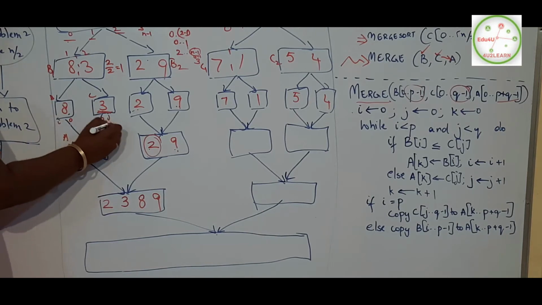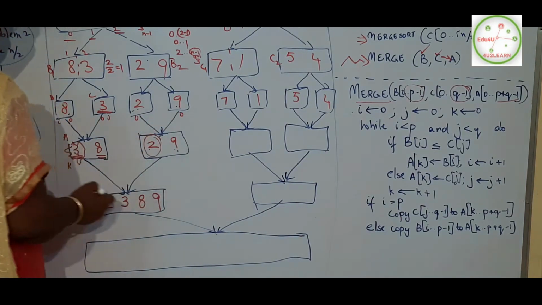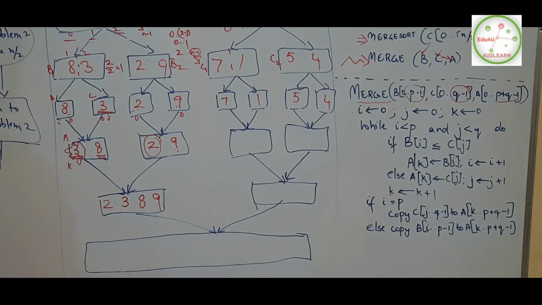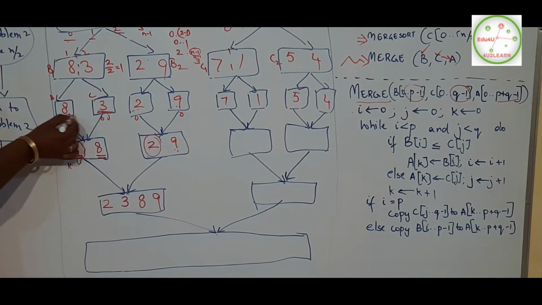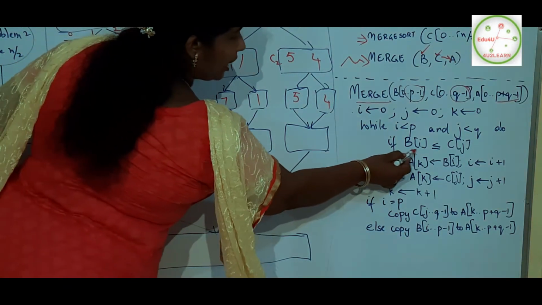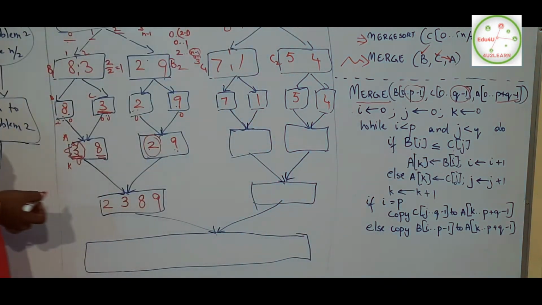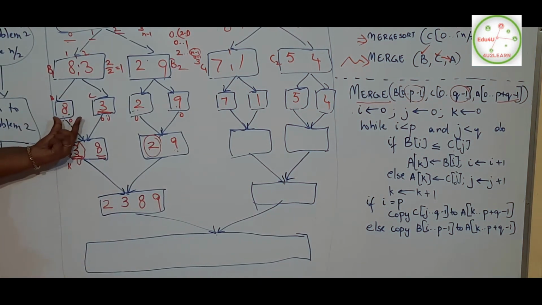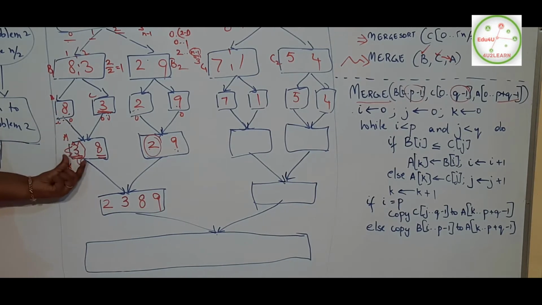So it's 0, 0, 0 as the location. We find out whether the element is present or not. Then we compare these two, B of i and C of j. If we find that B of i is smaller, then we add that element into the array.